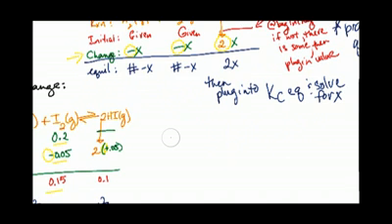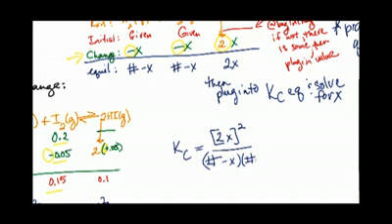Let's do a different color. Kc equals 2x, in this case squared, over the number minus x times the number minus x.